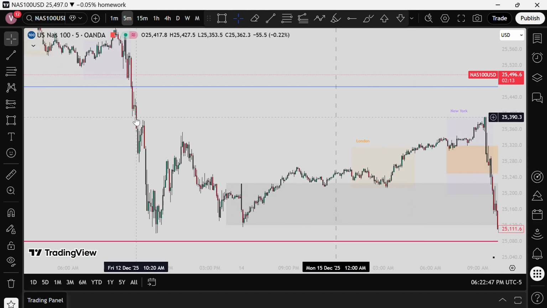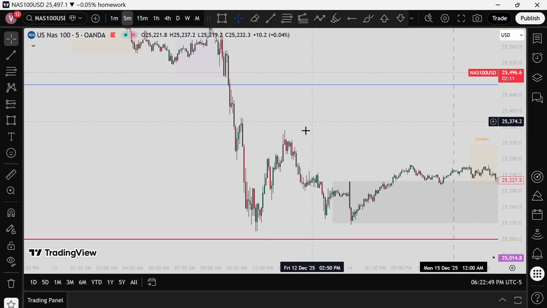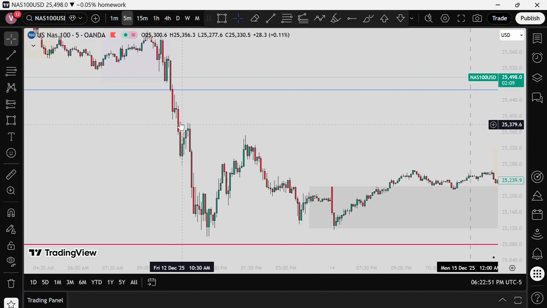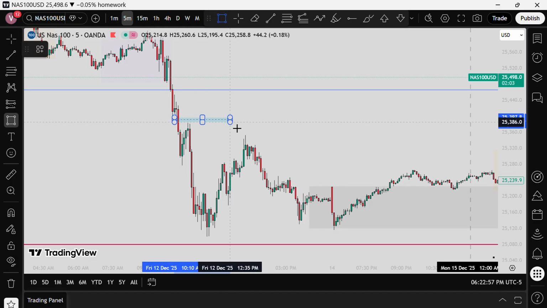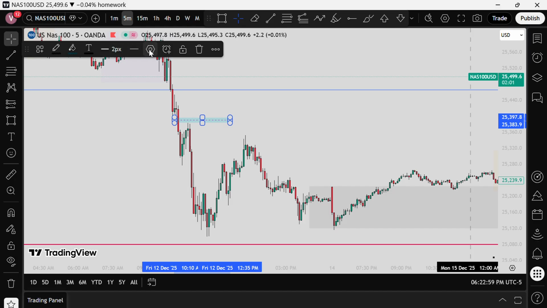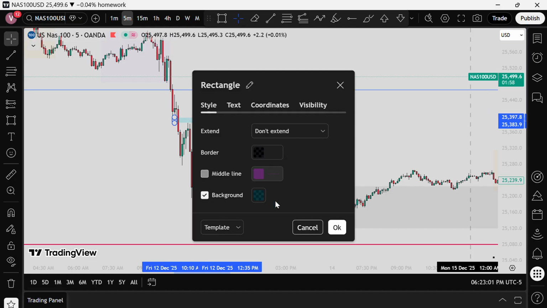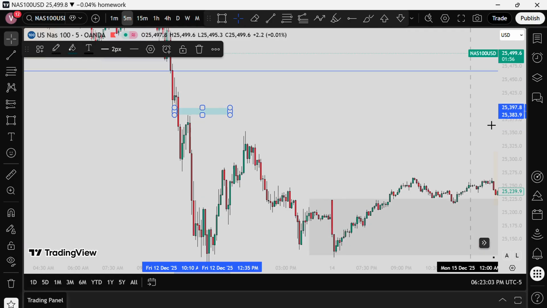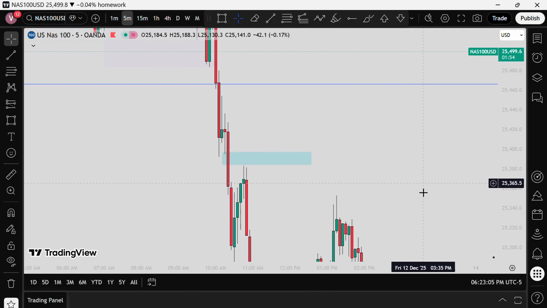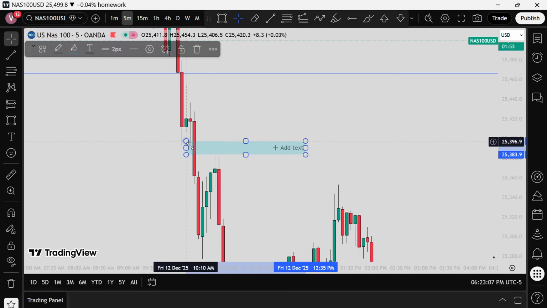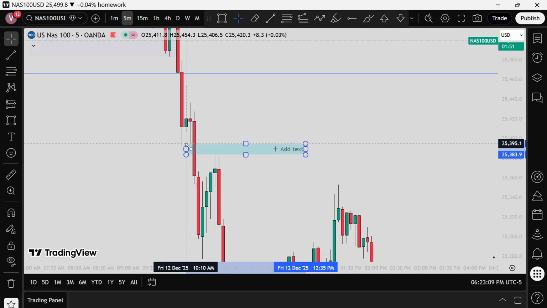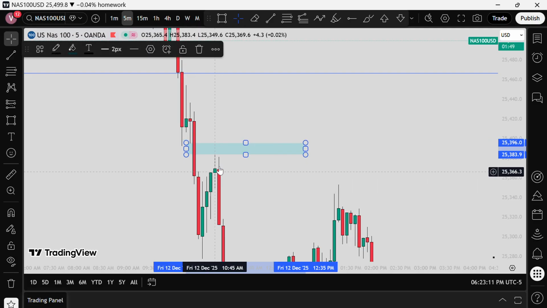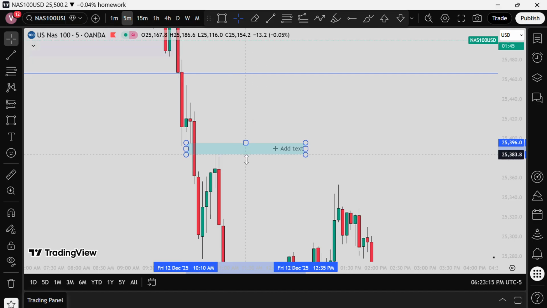If you can see here on previous day's candles, we have a small inefficiency in this region. There's the SIBI, which got retraced a little, but part of it was left open.